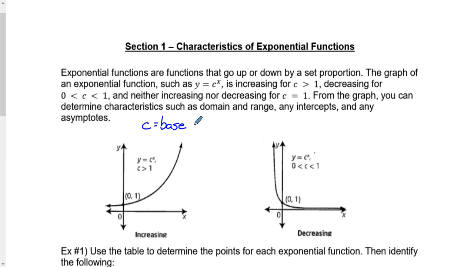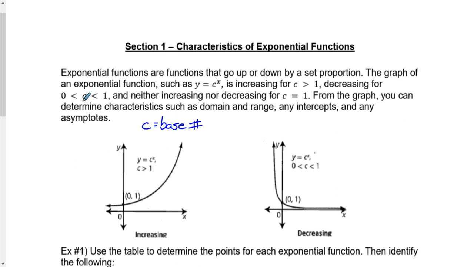It's just the base, and it's going to be a number. Now, if the c is greater than 1, it's going to be increasing. And if the c is in between 0 and 1, that's going to be decreasing.